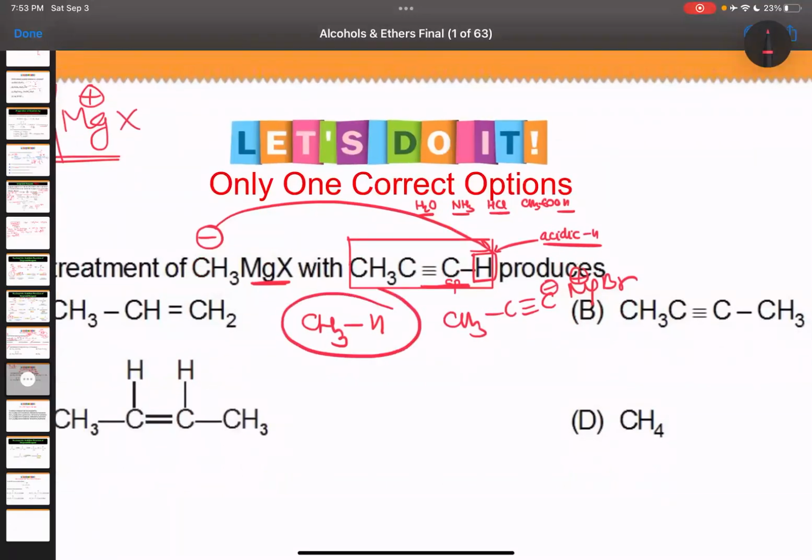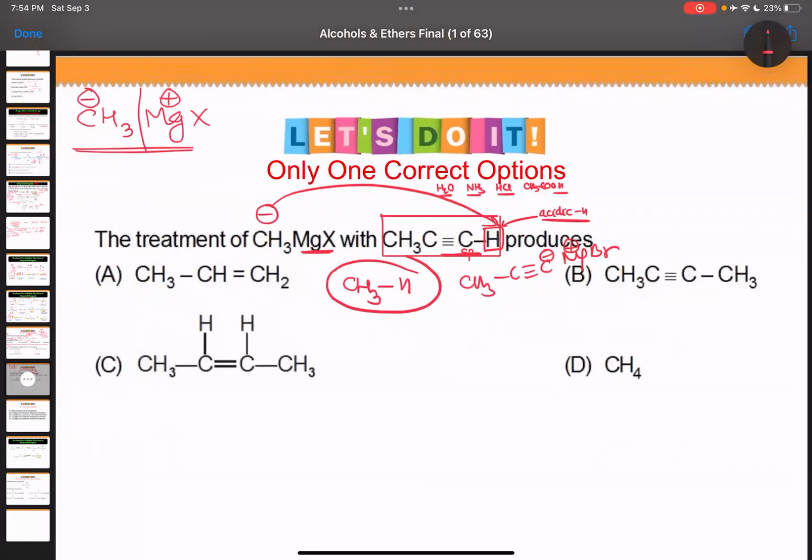Remember, while preparing Grignard, it's my personal experience from working with some chemical industries, there should not be any moisture or alcohol. If you are preparing Grignard and there is moisture or alcohol present, that Grignard is going to react with the H plus of the water and come out as hydrocarbon.